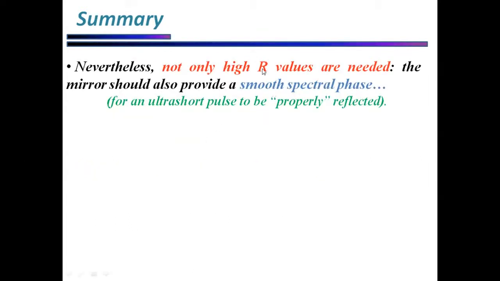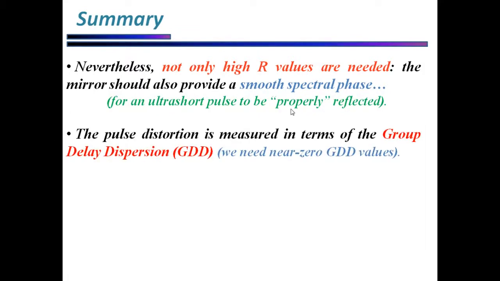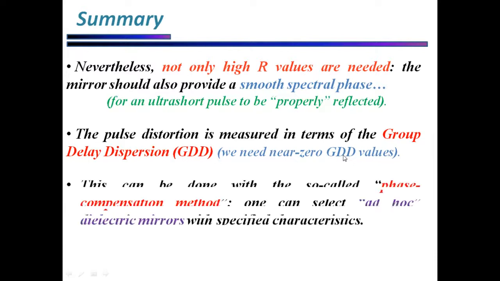Nevertheless, not only high R is needed; the mirror should also provide a smooth spectral phase for the short pulse to be properly reflected. The pulse distortion is measured in terms of the group delay dispersion, GDD. So importantly, we need high R values and near zero GDD values to achieve good behavior of such mirrors with ultrashort pulses.